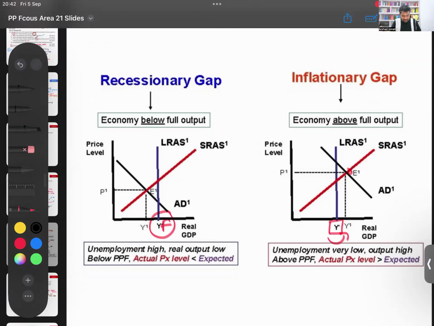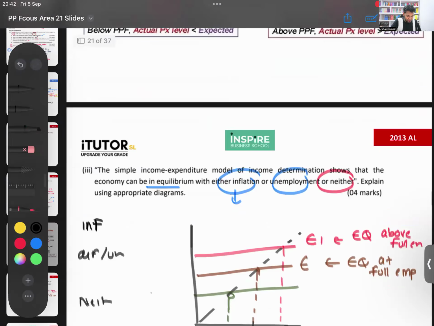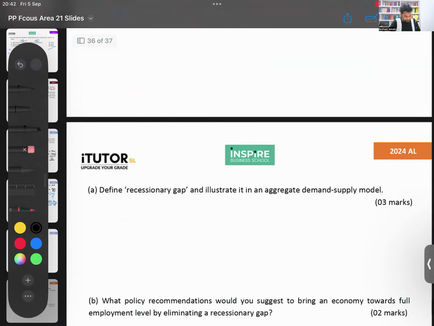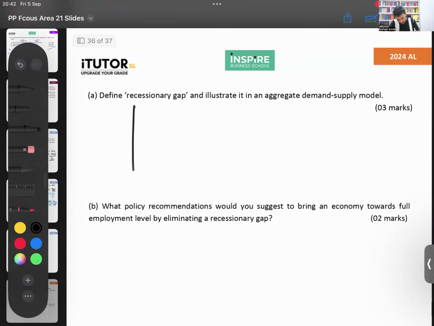You can draw this multiple ways. You can show it like this also, I'll show you. For example, this is where the supply curve becomes a straight line, where it is full employment. This is YF. You can draw it as one supply curve.